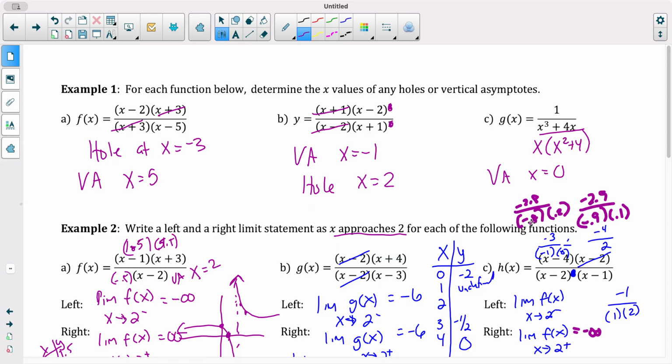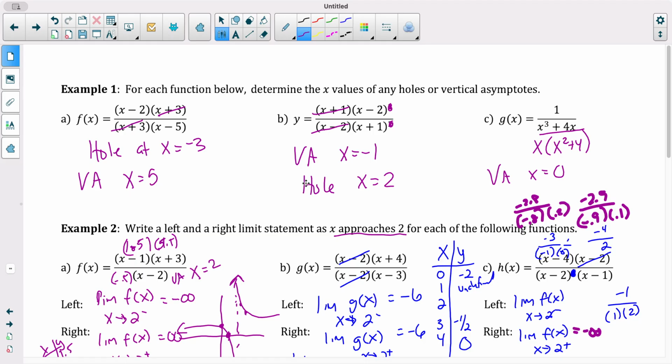If I'm dividing by, let's even say these were whole numbers, that would be -16 and that would be -9. If I'm dividing by bigger numbers, I'm going to get a smaller answer. So that means as I go closer to 2, I'm actually getting bigger, right? I'm dividing by a smaller number, so my numbers are getting bigger.